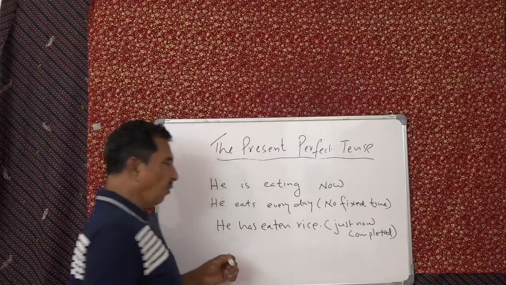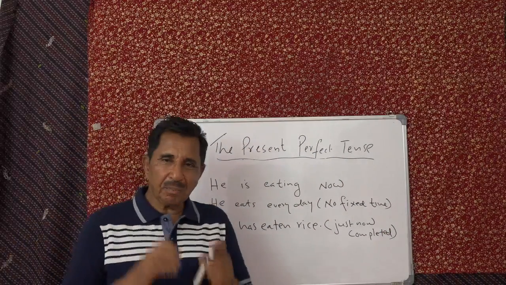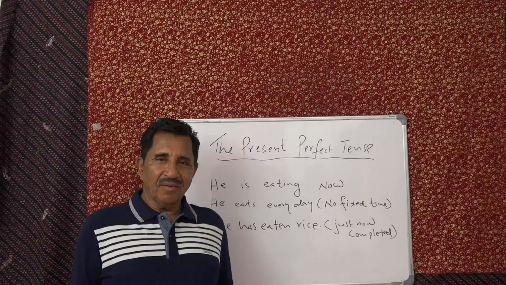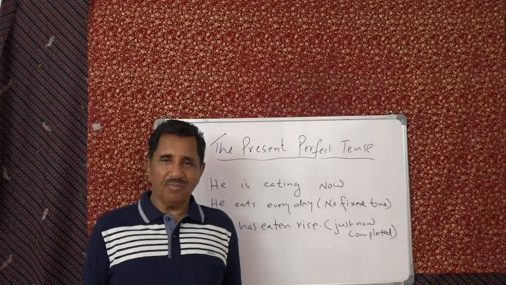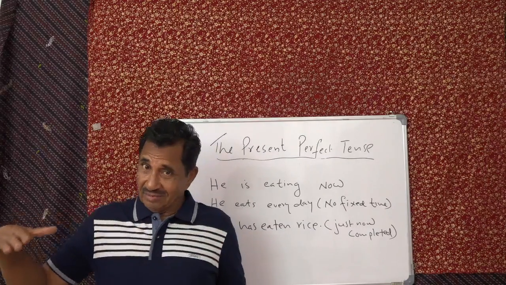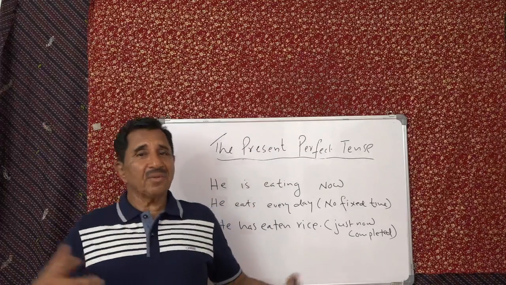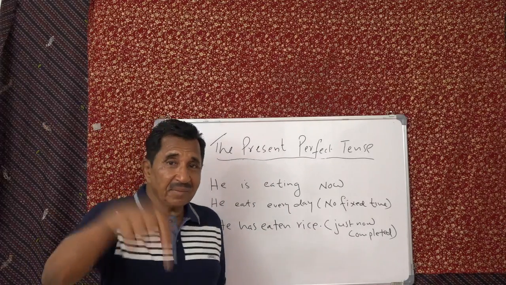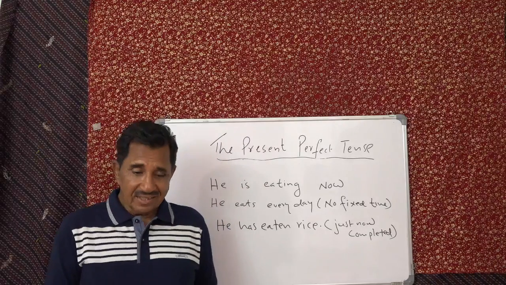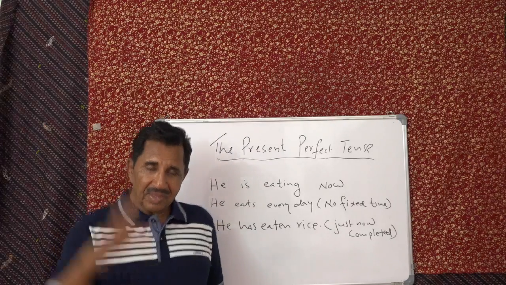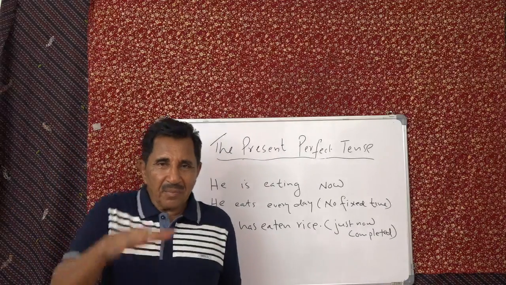The action is over. The action is perfect. When? Just now. Not continuing. Second one is, time is not fixed, but here time is fixed. When? By the time of speaking. By the moment of speaking.